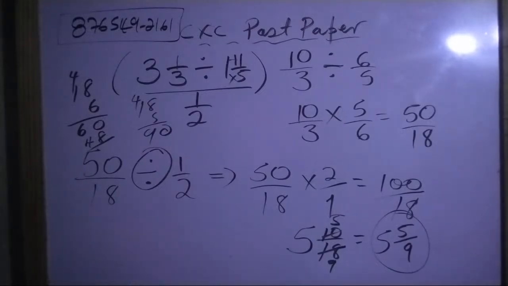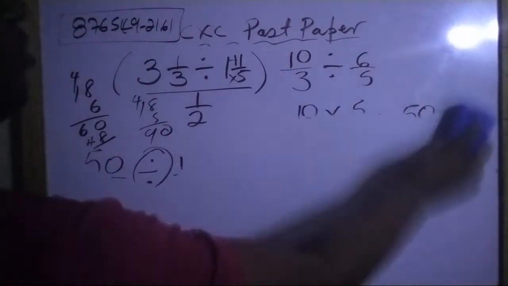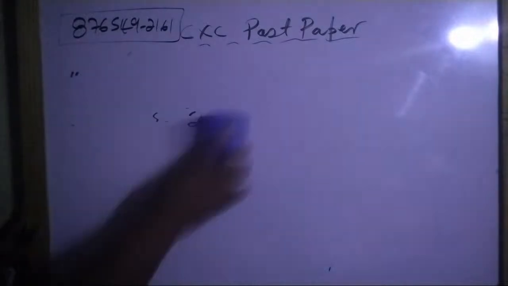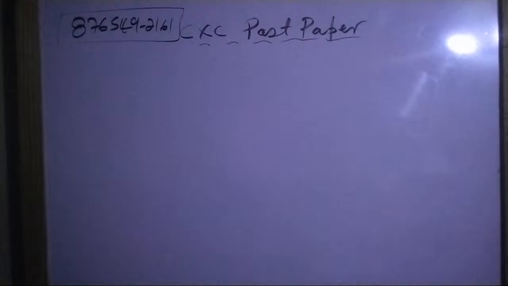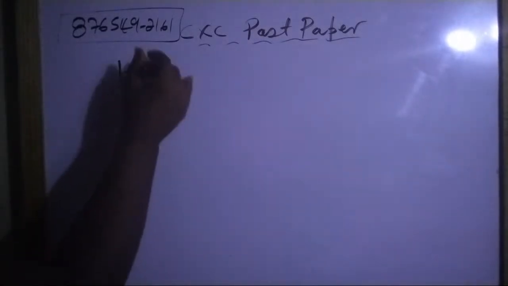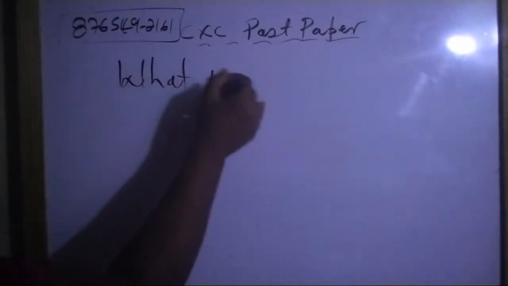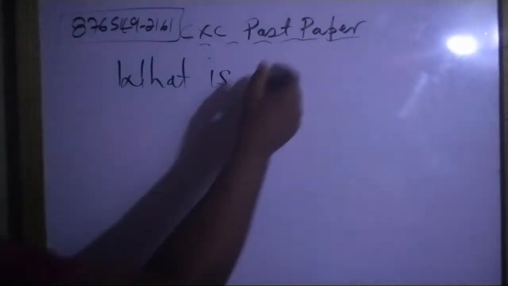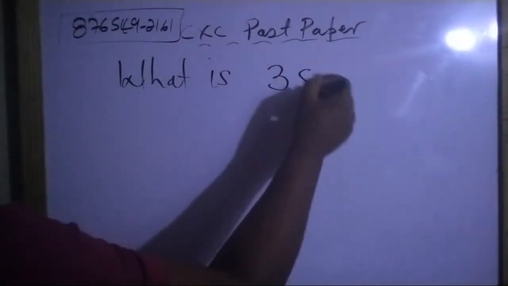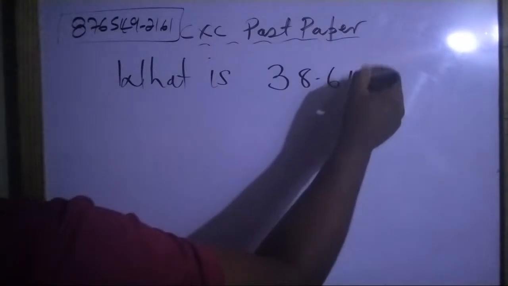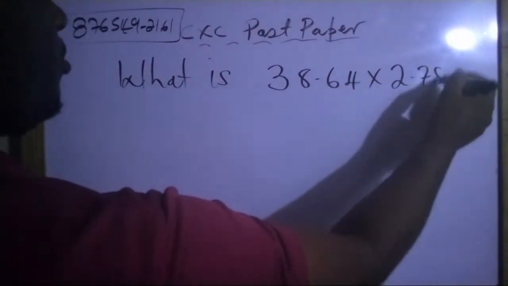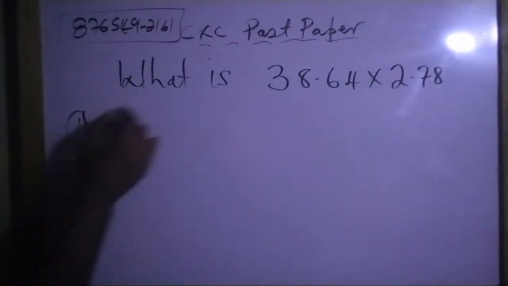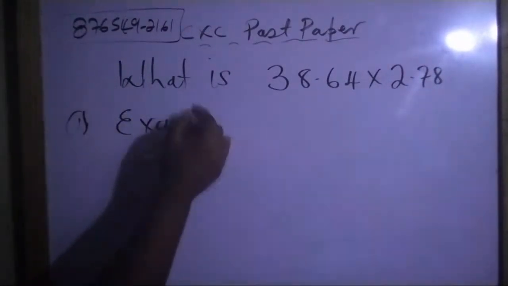Alright, one more guys, one more. But this time we have stepped it up from the fraction. CXC have that little style here, guys. Let me show you. Use a calculator for this. Don't be a hero. They say one, the exact value.